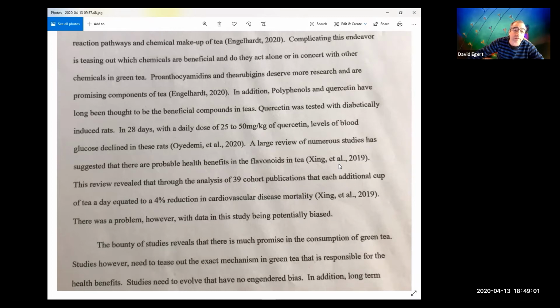How do I know this? You can't just say large review and leave it there. You have to give me some way to go find that review so I can convince myself. Scientists are notoriously, distrustful is the wrong word, but really want to see it for themselves. You can tell me that, but I want to be able to double check and come to the same conclusion that you do.